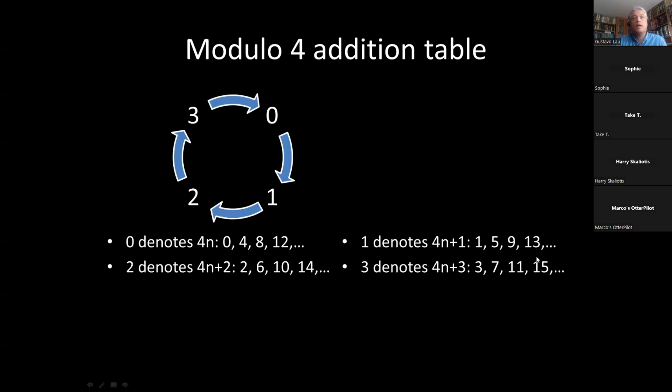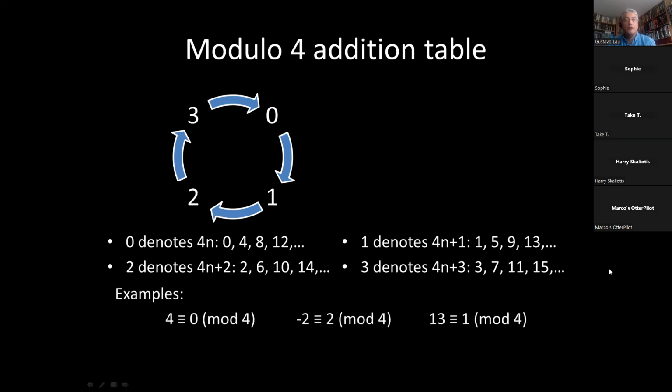And by now you're realizing the pattern. 0 is the multiples of 4, 1 is multiples of 4 plus 1, 2 is multiples of 4 plus 2, and 3 is multiples of 4 plus 3. So modulo 4, 4 is the same as 0, minus 2 is 2, 13 is 1.